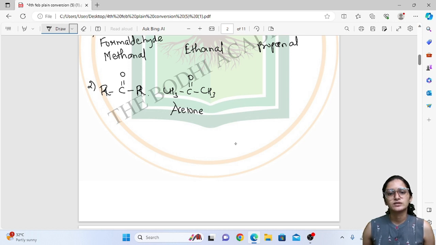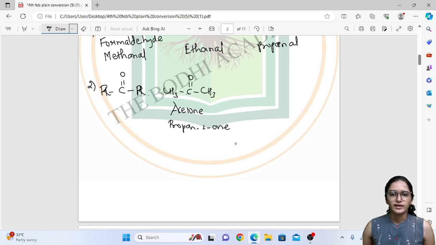The IUPAC name: now you have to number and see the functional group. While numbering 1, 2, 3, three carbons are there, but at the second carbon we have the ketone group, that is C double bond O, so the name will become propan-2-one. This is the simple name of this ketone.